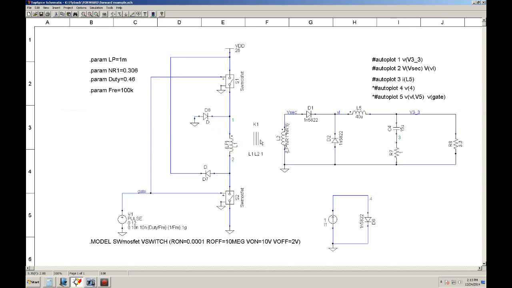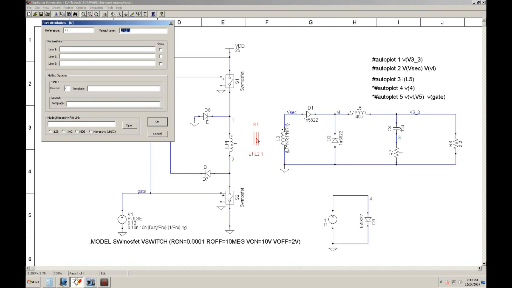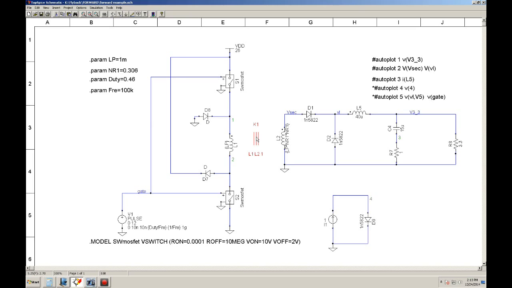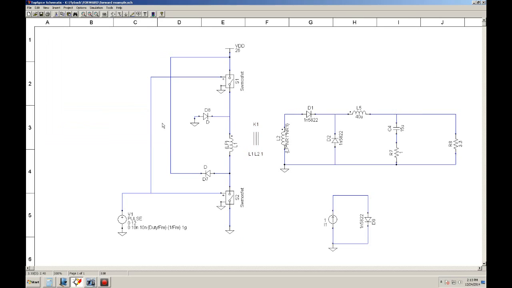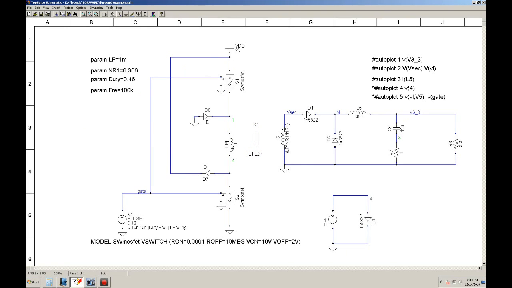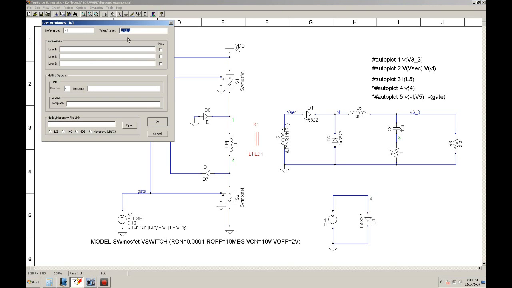Okay, and this is my iron core, and this defines the coupling coefficient, and what it does is it couples L1 and L2. The way you couple these two is by putting in L1 and L2, and then the third is supposed to be the coupling coefficient.